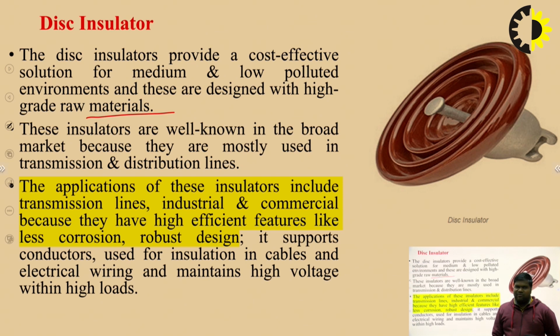These are well known in the broad market because they are mostly used in the transmission and distribution lines. This type of insulator we can easily see in our daily life, on the overhead transmission lines in the distribution and transmission system as well.